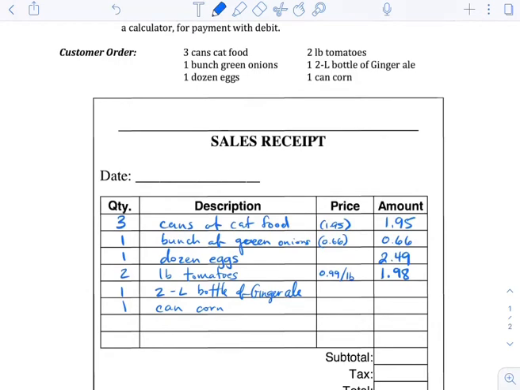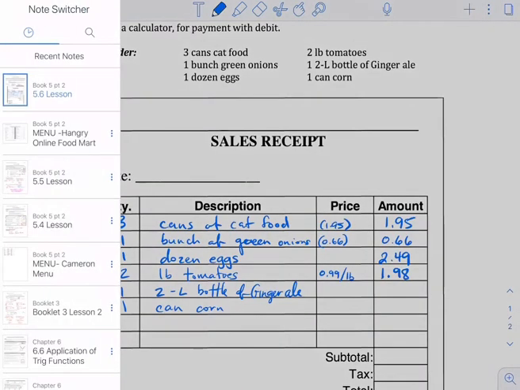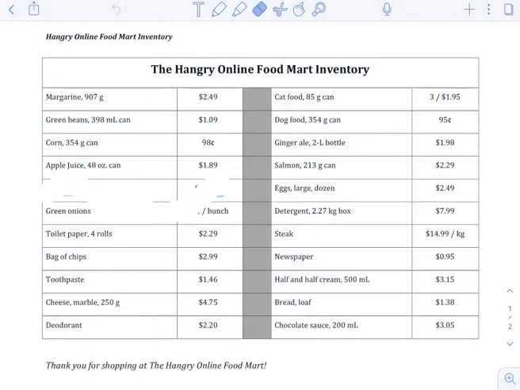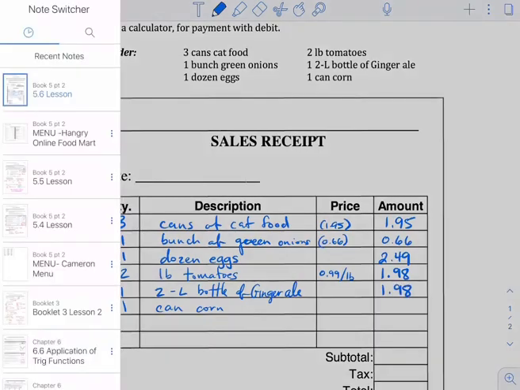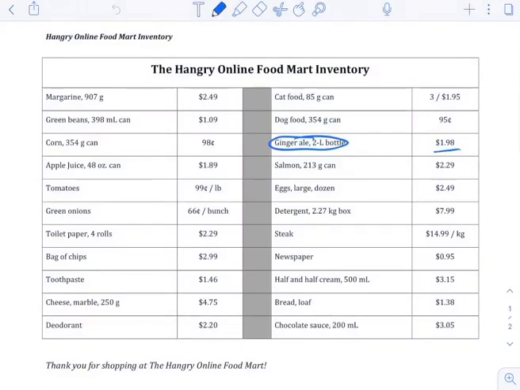Next, 1 2-liter bottle of ginger ale. So I'm going to find that. I see ginger ale 2-liter bottle is $1.98. So that's the total. And 1 can of corn.